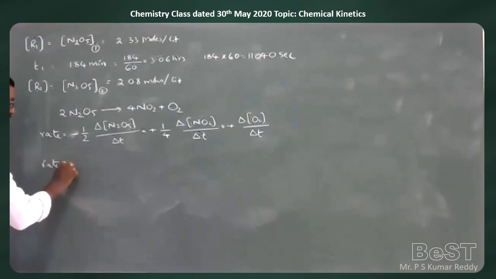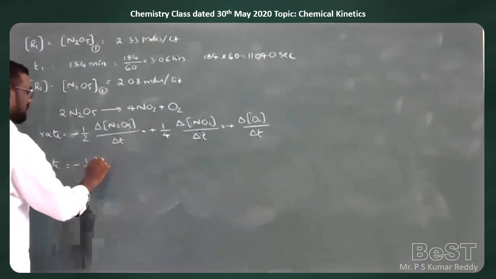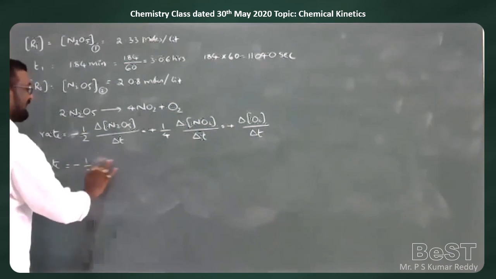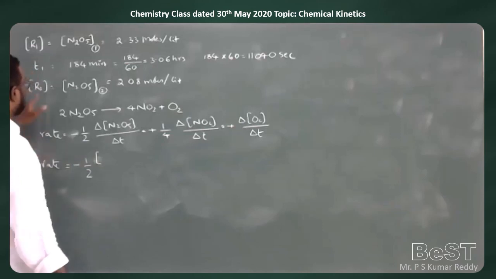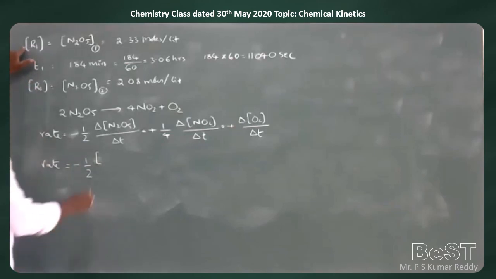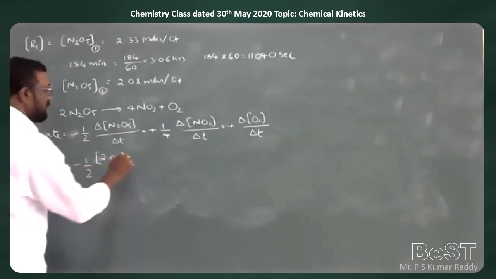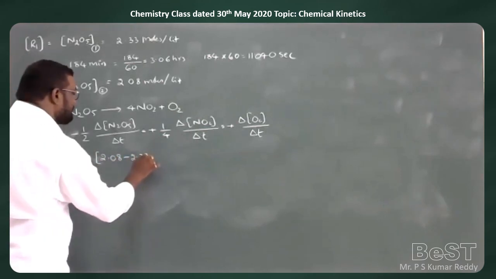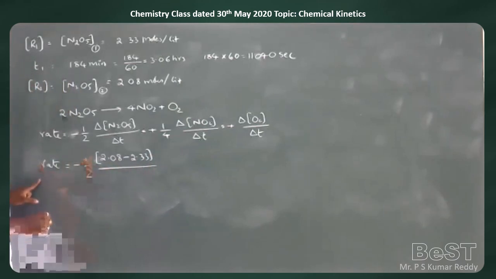Rate is equal to minus 1 by 2 delta N2O5 by delta t. Delta N2O5 means final concentration minus initial concentration: 2.08 minus 2.33, divided by 184, as we are calculating for minutes.